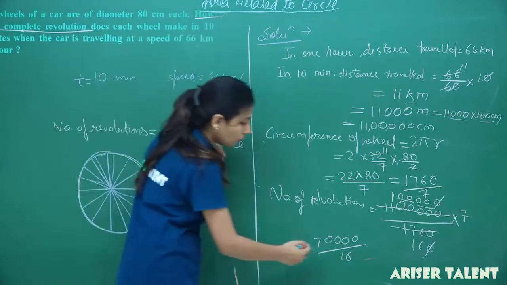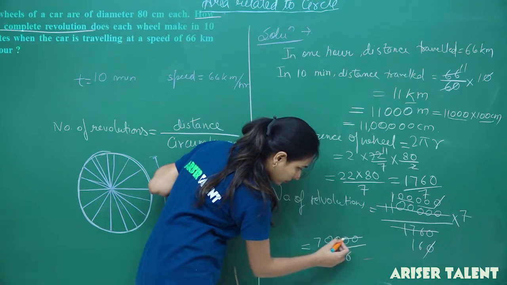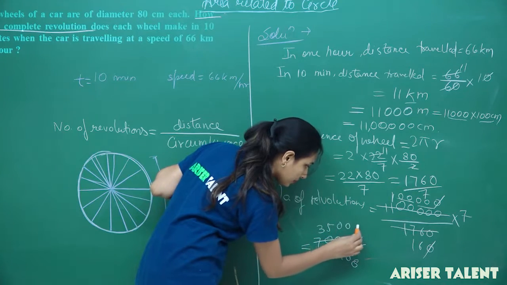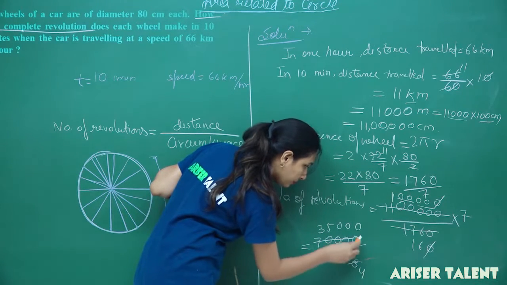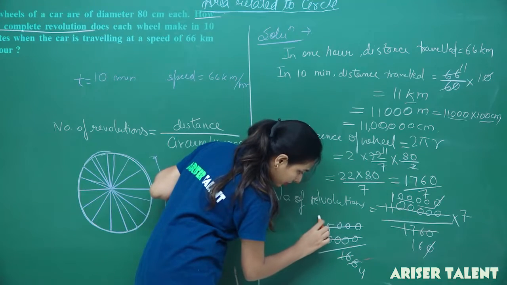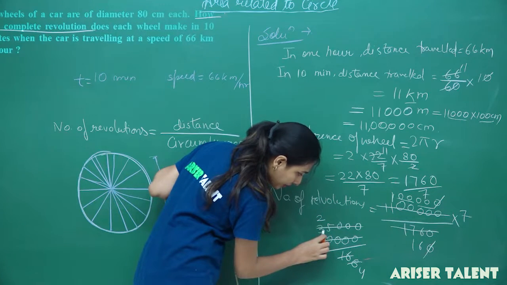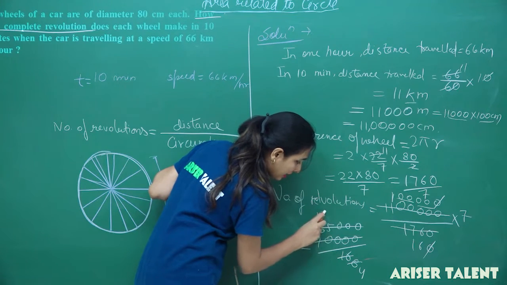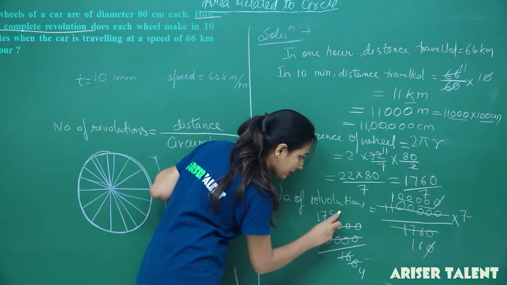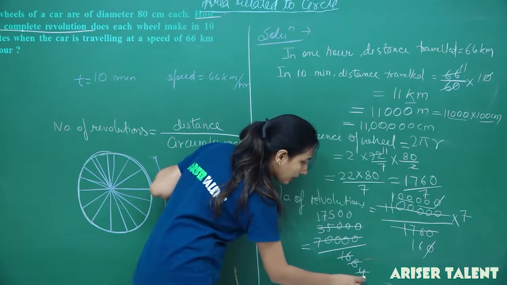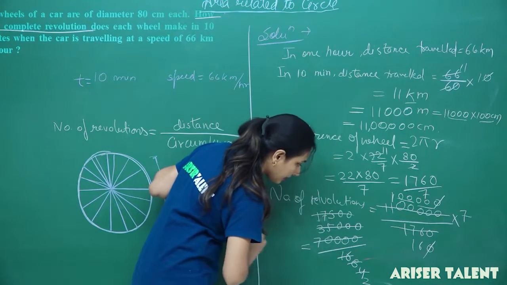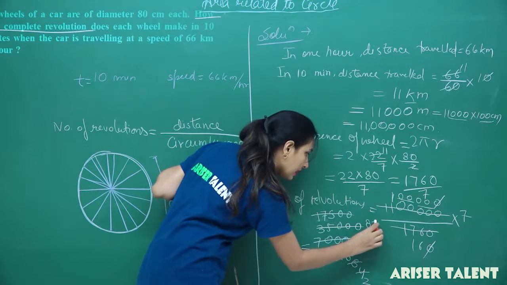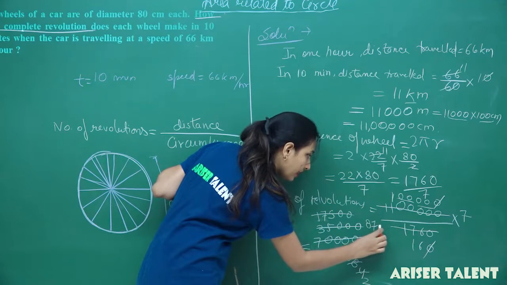If you cut it by 2, that will be 8 and that will be 35,000. Again you can cut it by 2 and again you can cut it by 2. Okay, again you can cut it 2 times and again you can cut it how many times?